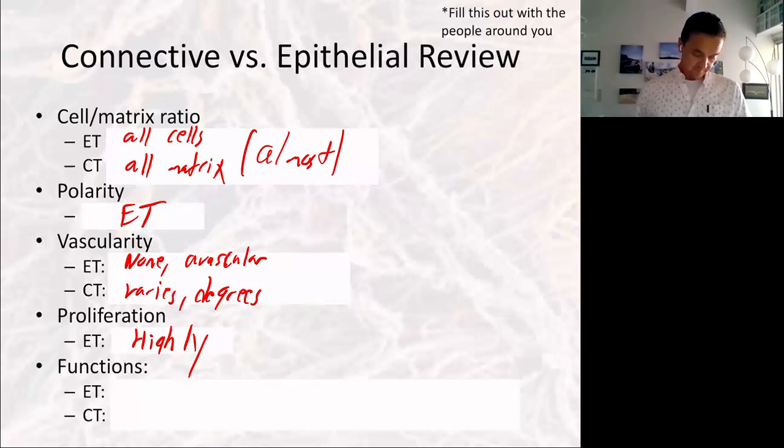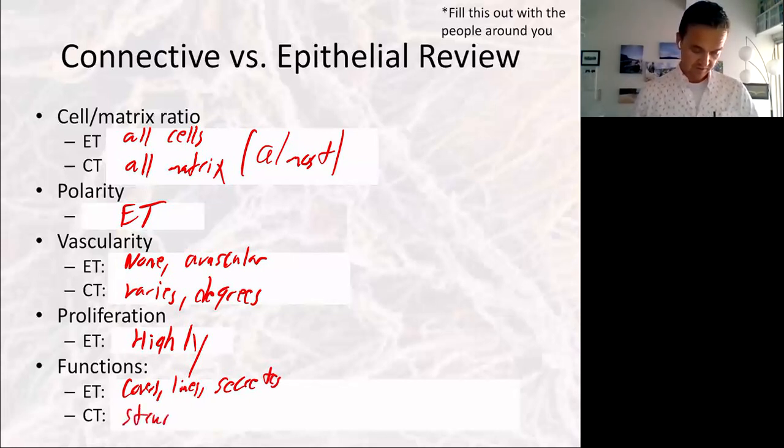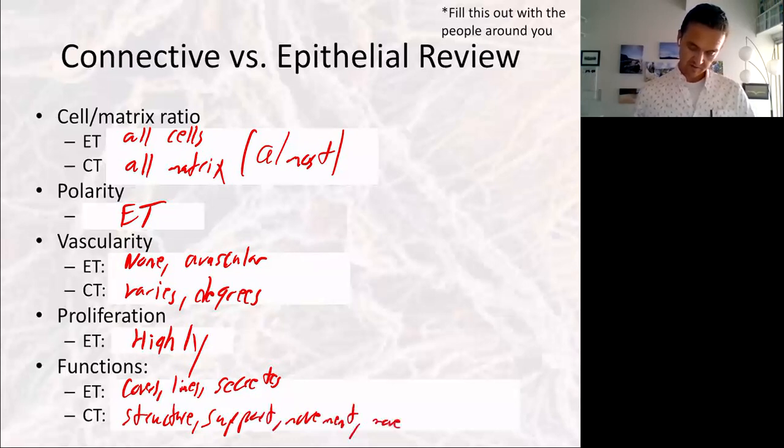And then the functions: epithelial tissue covers, lines, and secretes, because we got that glandular part of it too, whereas connective tissue is responsible for structure, support, movement of things around the body, the blood. So those are the main functions of connective tissue.